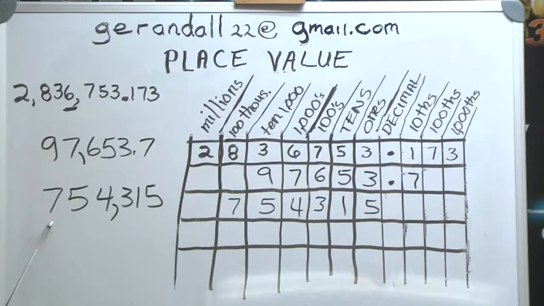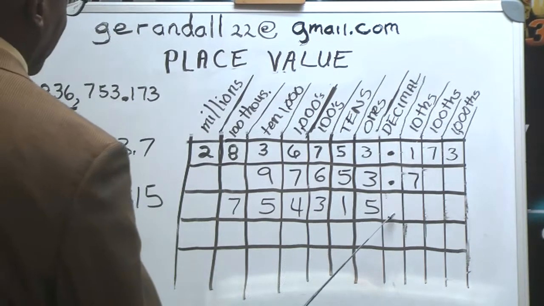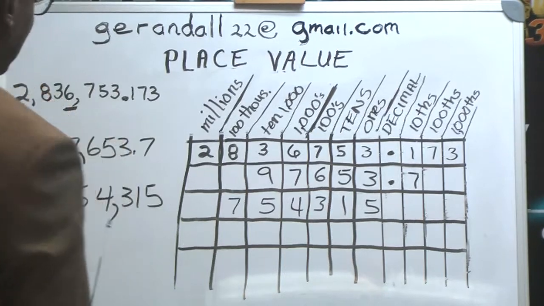That's 754,315. Again, do not say 754 and 315. If you say "and," it would infer that you're talking about a decimal.